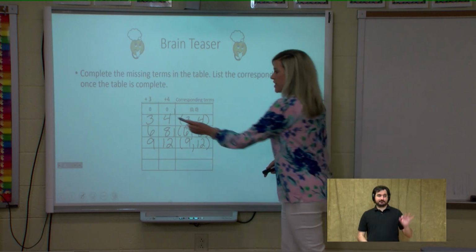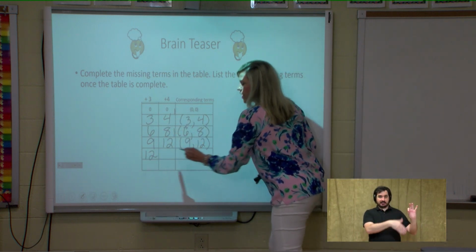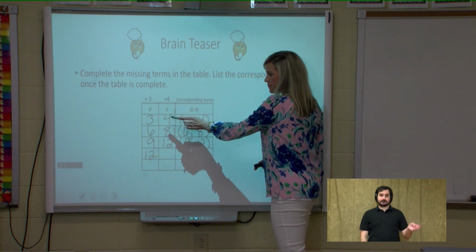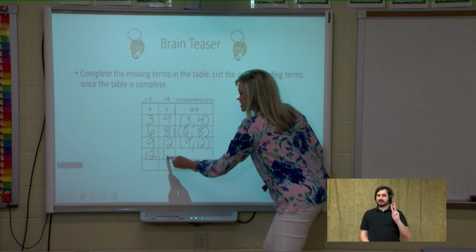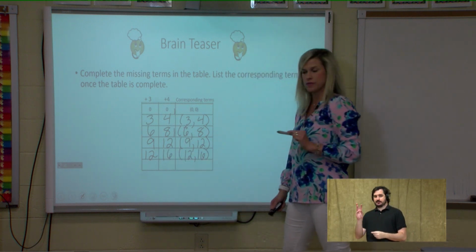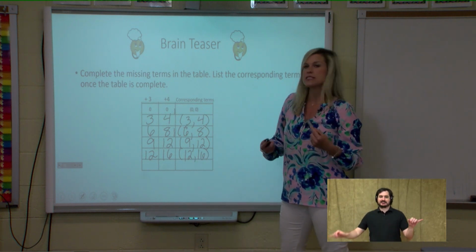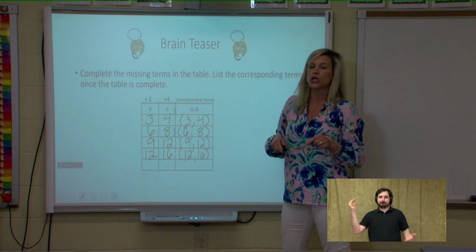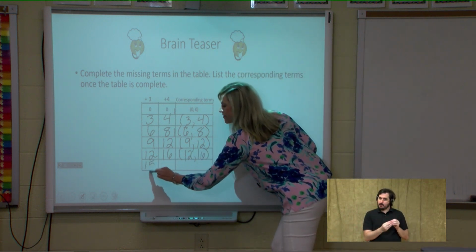After 9, 3, 6, 9, 12. 4, 8, 12. What would that be? 16. And then you would have your corresponding terms. The last one, we would simply do the same thing we just did. Following that pattern, looking at our rules, we would add 3 more here to make that 15.